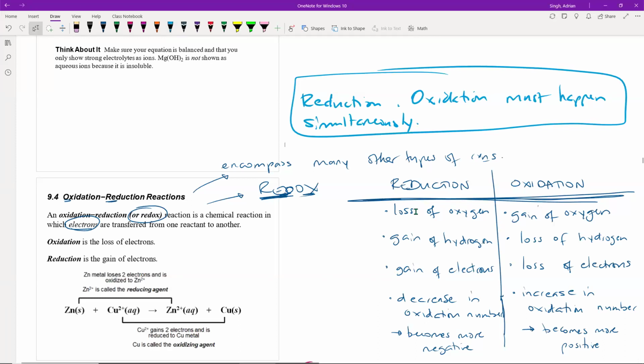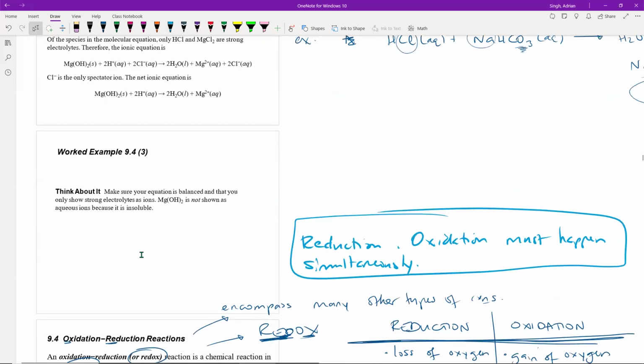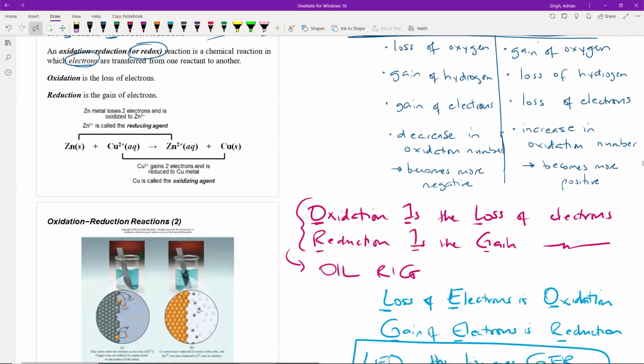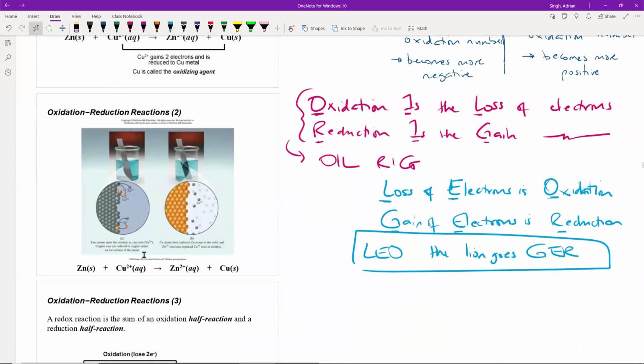The oxygen doesn't just disappear. Similarly, if something is losing electrons, those electrons have to go somewhere, and that other thing that is gaining them is undergoing reduction. So we can take a look at a very simple example, and we'll introduce some more terms here to illustrate what's going on.